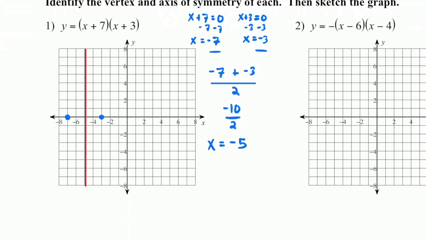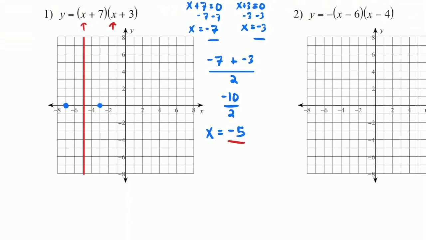Then, to get the actual point of my vertex, or the y value for that, I'm going to take this negative 5 and plug it back in for x in my factors. So that will give me y is equal to negative 5 plus 7 times negative 5 plus 3, which is the same thing as negative 5 plus 7 gives me 2.